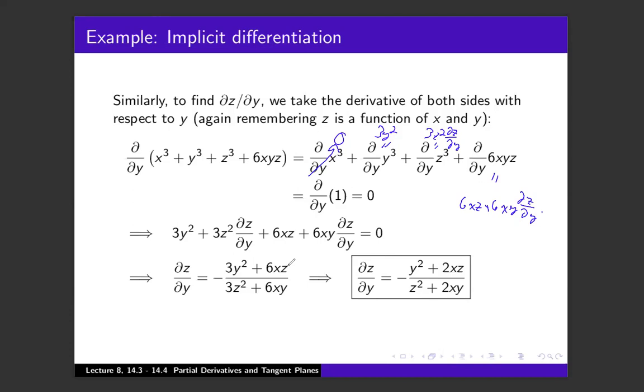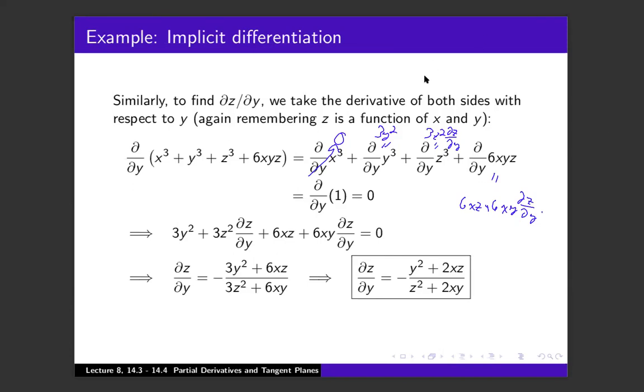And that's about it. That's exactly what we see in this penultimate equation. And once again, you just do the algebra, and it works out to be del z del y is negative y squared plus 2xz over z squared plus 2xy. So that's our final answer.